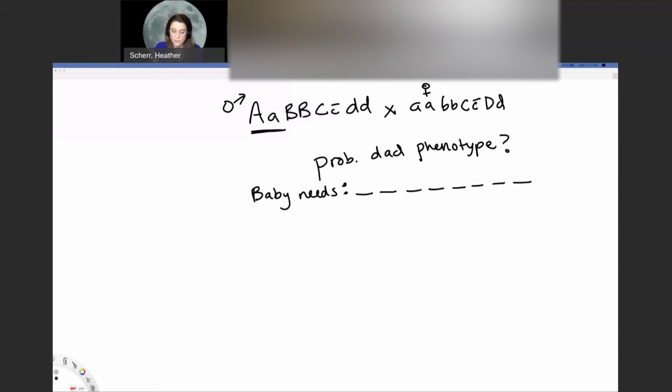Okay, so here's my cross. Here's the father over on the left side. And we're looking at the baby. We're looking at the A, B, C, and D genes. Each are two alleles, so I've drawn it like this. So for the A, what does the baby need for A's in order to look like how the dad looks? Just one, the uppercase. So if it's complete dominance, any big A will look like the dad.